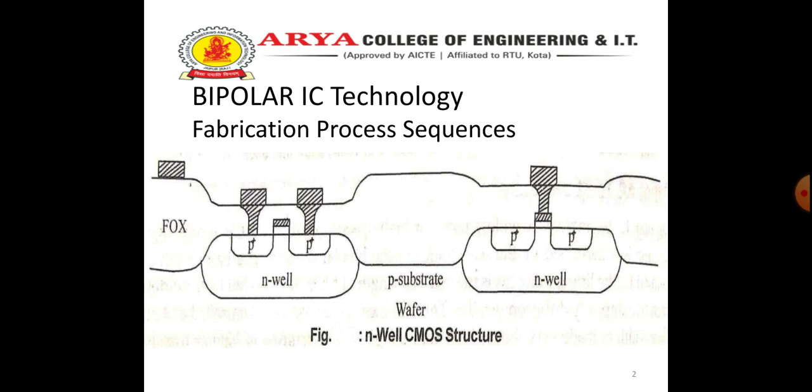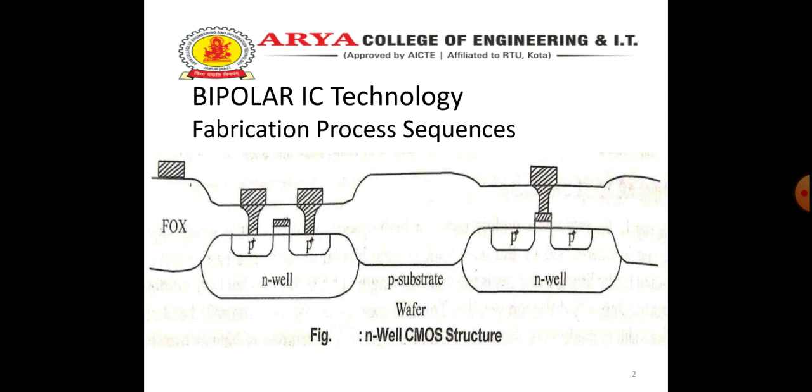Consider the twin-well CMOS structure as you are watching in this diagram. The NMOS device is typically built in a 5 to 15 micrometer thick p-type epitaxial layer on a p plus substrate, while the PMOS device is built in the implanted N-well region.